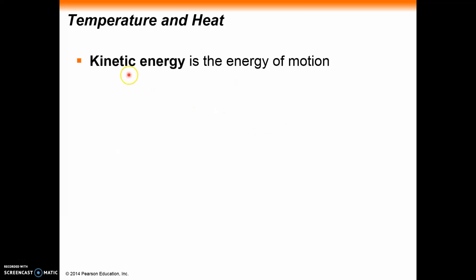But first, we have to go back and reconnect with the concepts of energy. Remember, energy is the ability to make something happen. We talked about it before in terms of kinetic and in terms of potential energy. Kinetic energy is when that energy is actually being used, so this is the energy of motion.